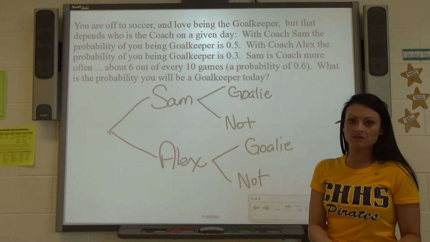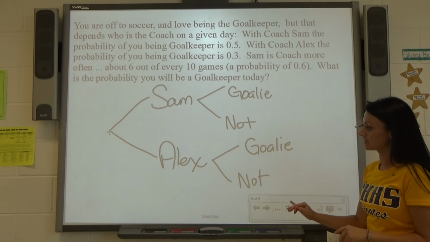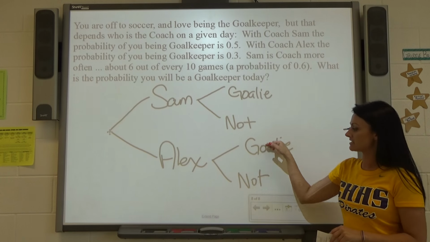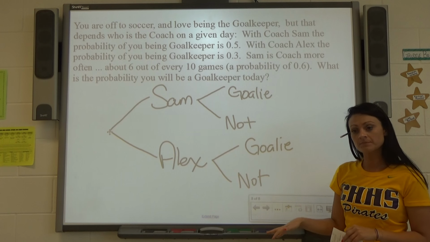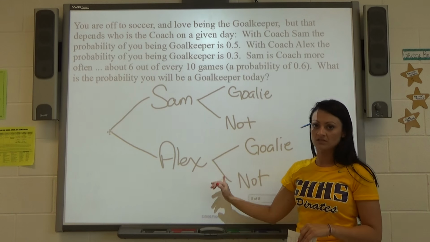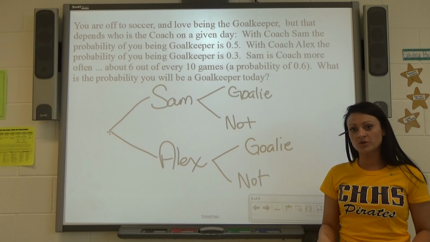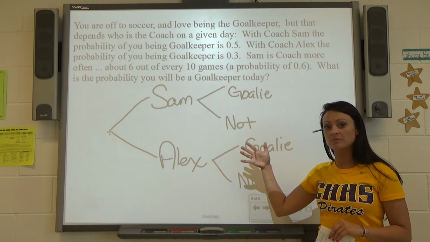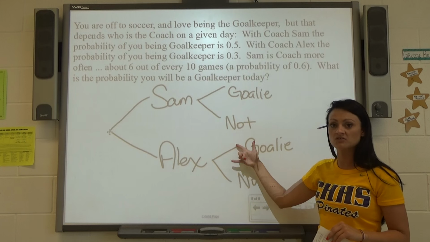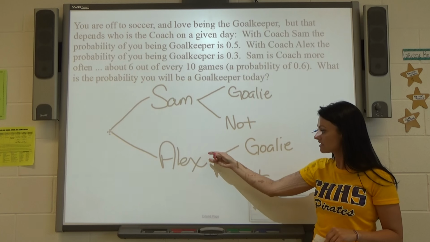Now just so everybody knows what's going on, each of these that I've put down is an outcome. These are called your branches. And on each of my branches, what I'm going to do is label the probability that one of these 2 things has happened.